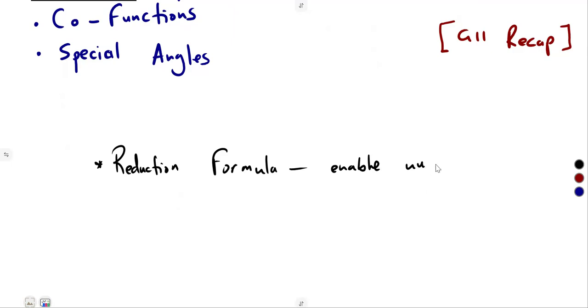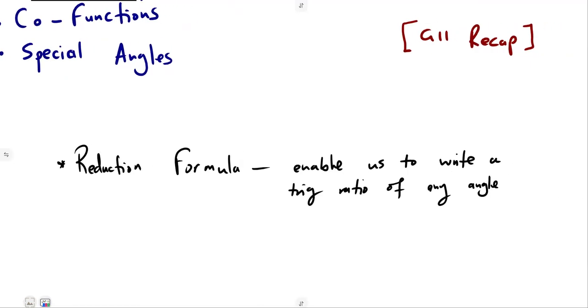It enables us to write a trig ratio of any angle, which is this angle that is greater than 90 degrees, as long as it is not an acute angle.